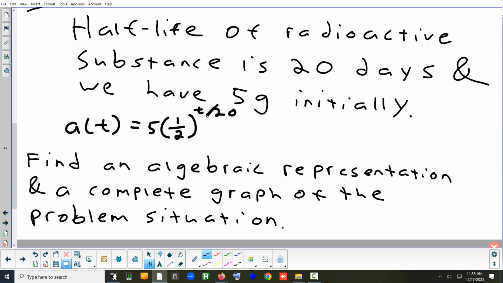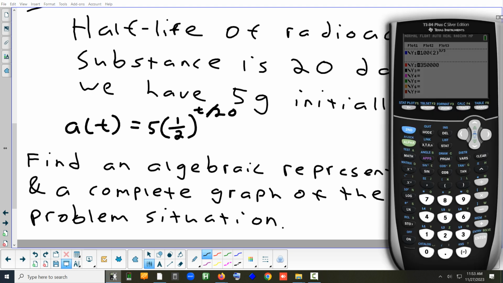Okay, so there's an algebraic representation, and now let's graph it. Just so I don't have to do another fraction, instead of 1 over 2 in parentheses, I'm going to do 0.5.